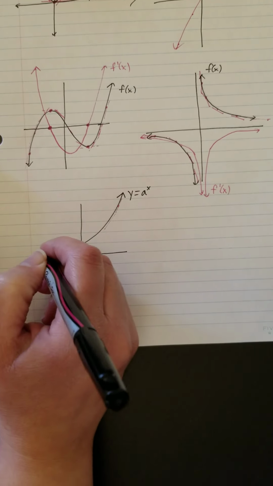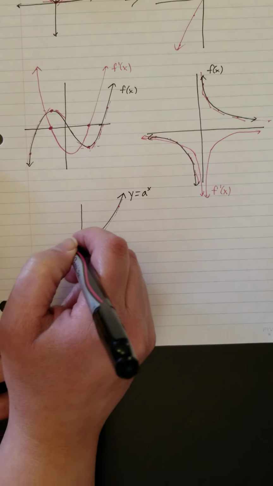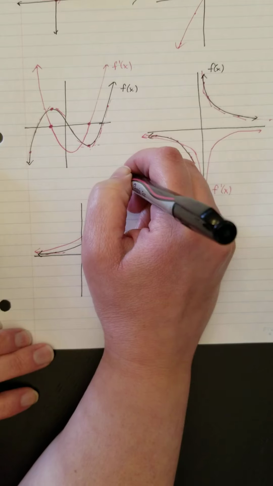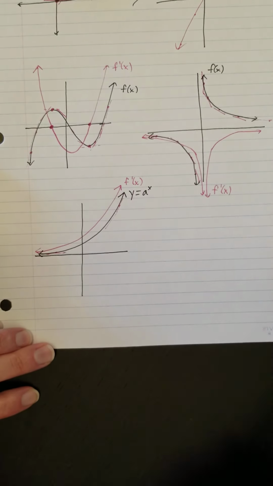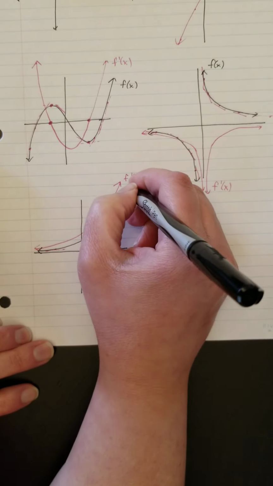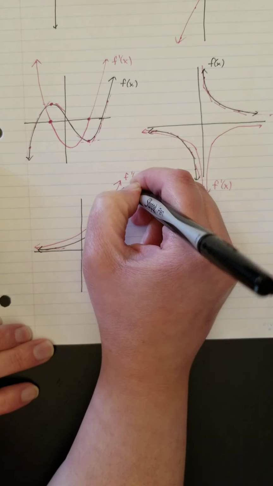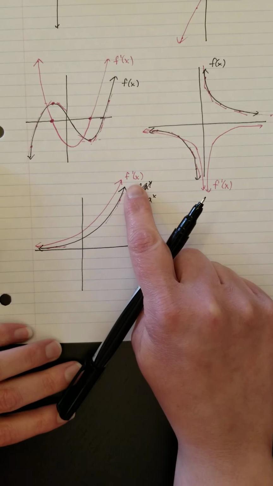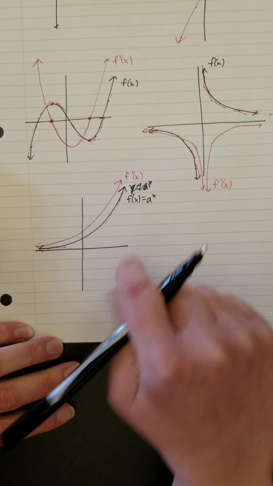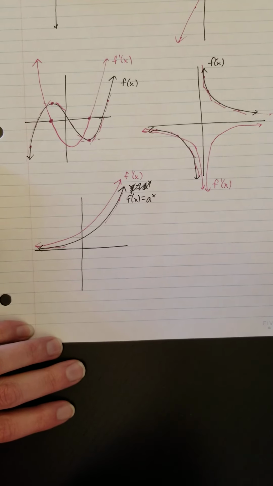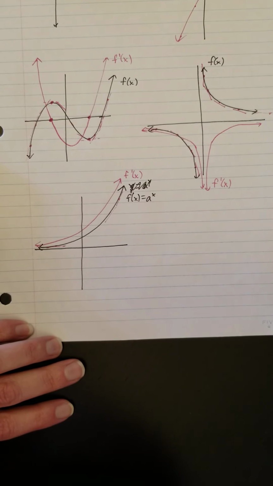So hopefully you can see that this is going to follow a similar curve. Oh, I said y equals here. I should have said f of x because I've got f prime. So the derivative of this function follows a very similar curve and very similar shape to the actual graph of the function. That's a special thing about exponential functions in general.